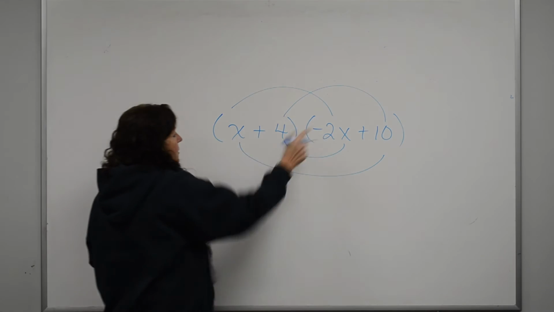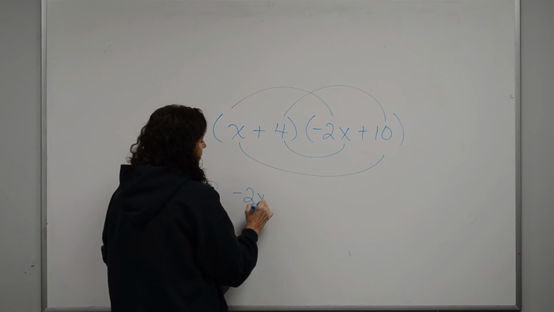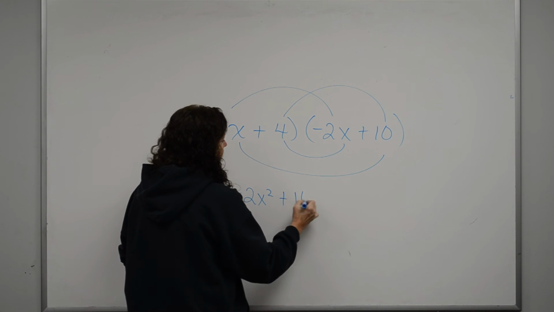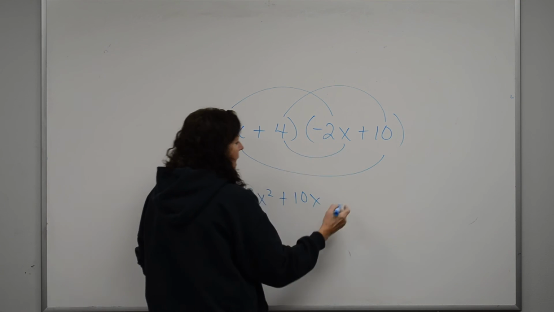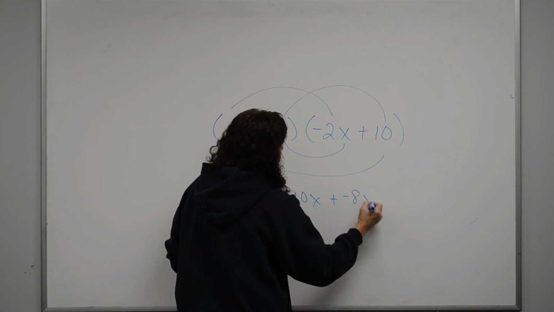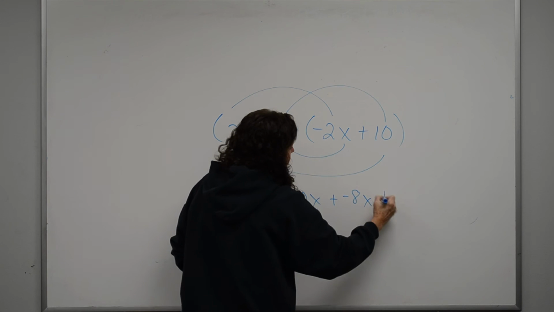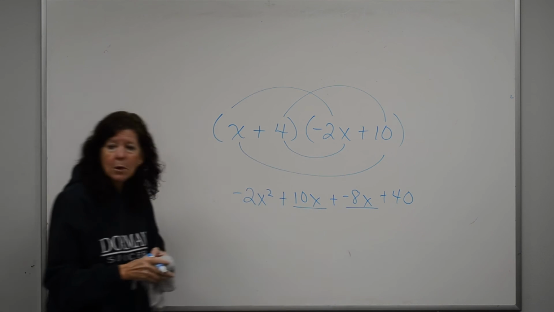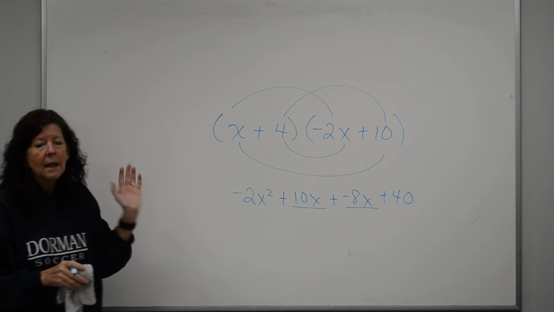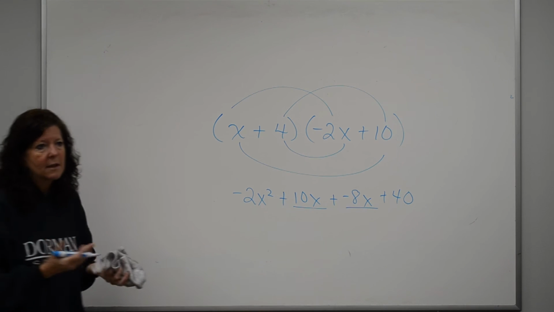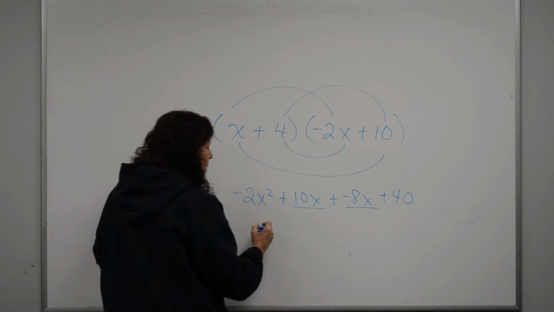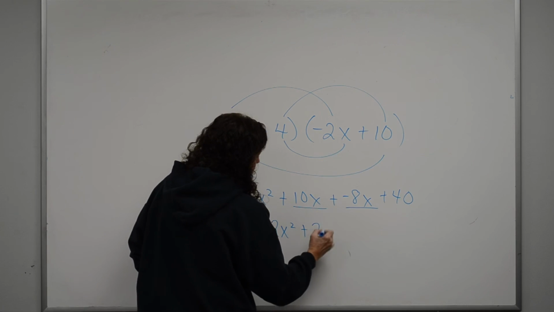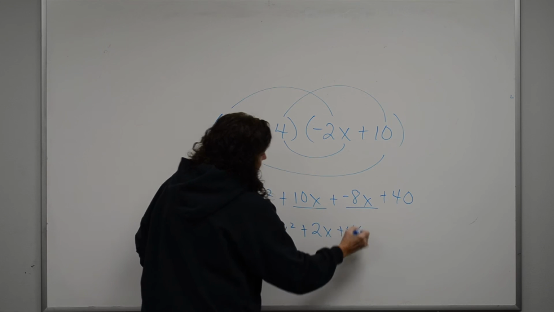So when I do first, I get a negative 2x squared. When I do outside, I get a 10x. When I do inside, I get a negative 8x. When I do last, I get a 40. Most of the time, not always, you're going to be able to combine the outside and the inside together because of the way it's written. It doesn't always work though, so you've got to make sure that they match up. These two do match up, and you end up getting that.